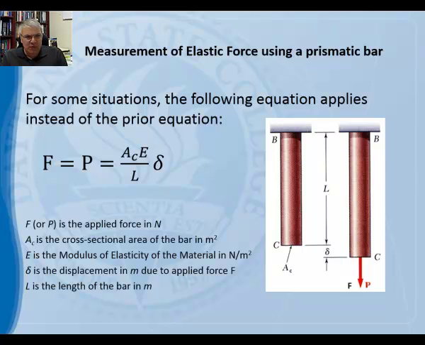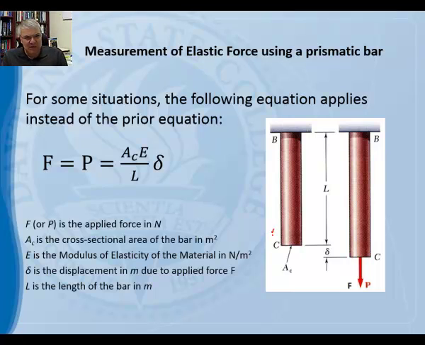Secondly, I'm going to go over how we can actually measure the force that is required for any type of elastic displacement in a prismatic bar. The bar here on the left-hand side is called bar BC. I'm going to put a little check mark right next to it here.